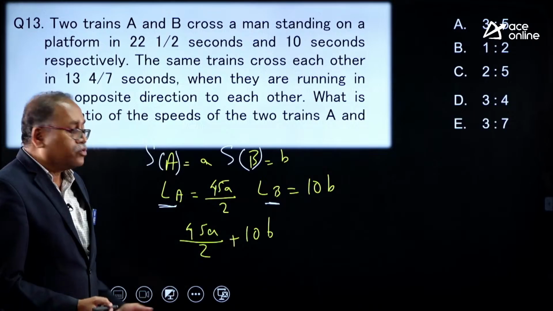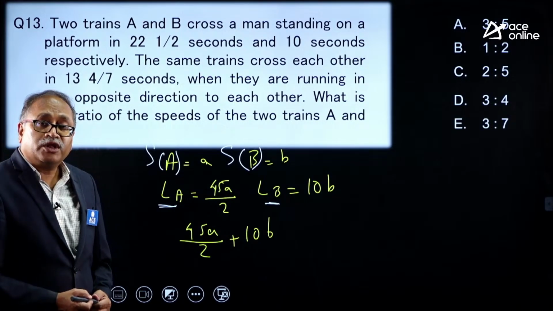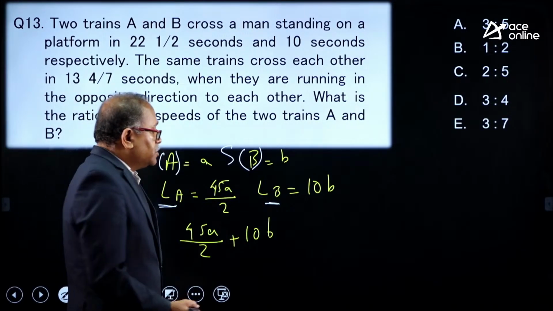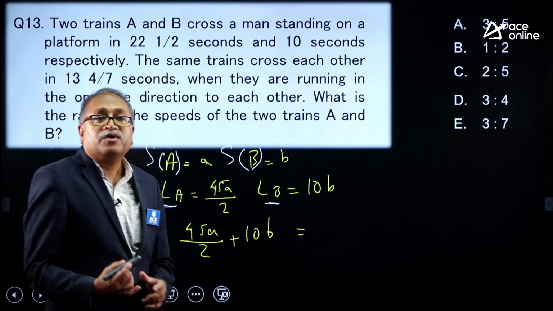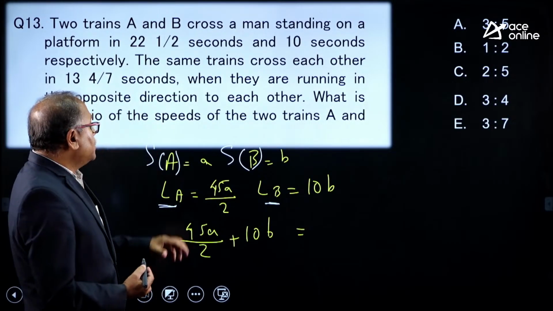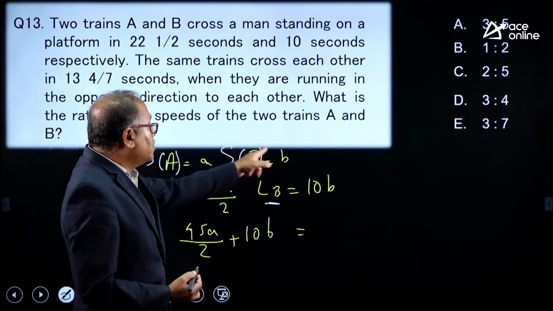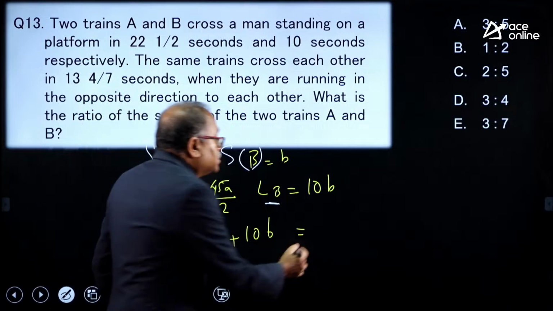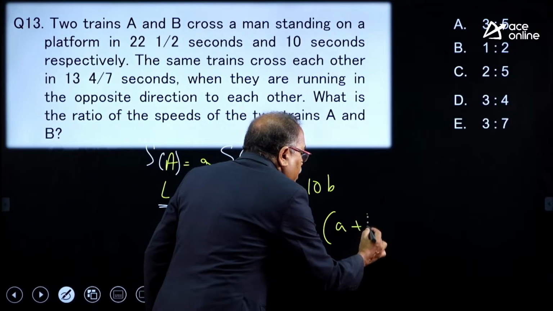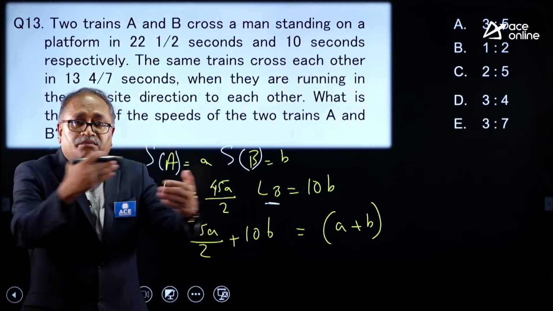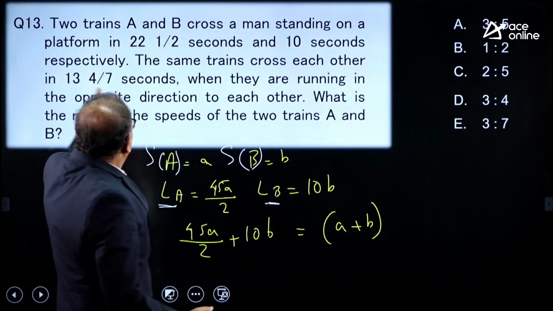So the length of A plus the length of B is the total length. The total length is equal to the relative speed, A plus B, into the time to cross each other.